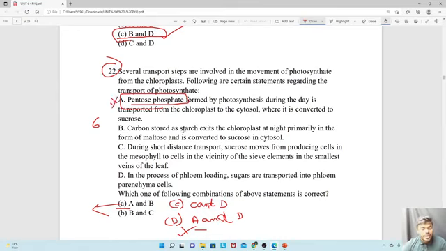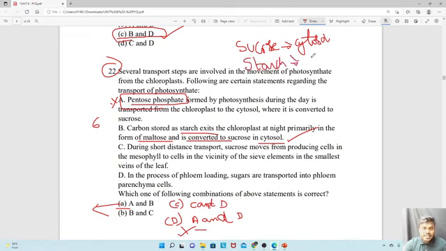Option B. Carbon stored as starch exits the chloroplast at night primarily in the form of maltose, and it is converted into sucrose in the cytosol. I have told you many times, sucrose production occurs in the cytosol, and starch is synthesized in the chloroplast stroma.